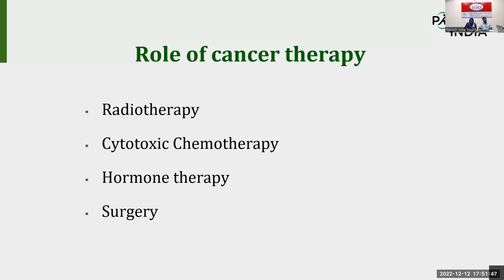Then hormone therapy, mainly for prostate or breast cancer patients. With that, we can control hormonal production and reduce the cancerous intensity. Then surgery, if needed, can also be done as a cancer therapy. Next slide.